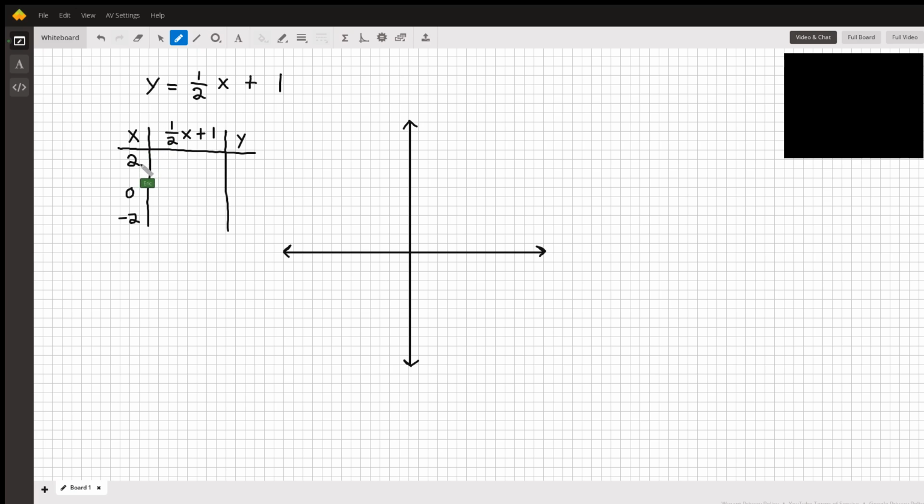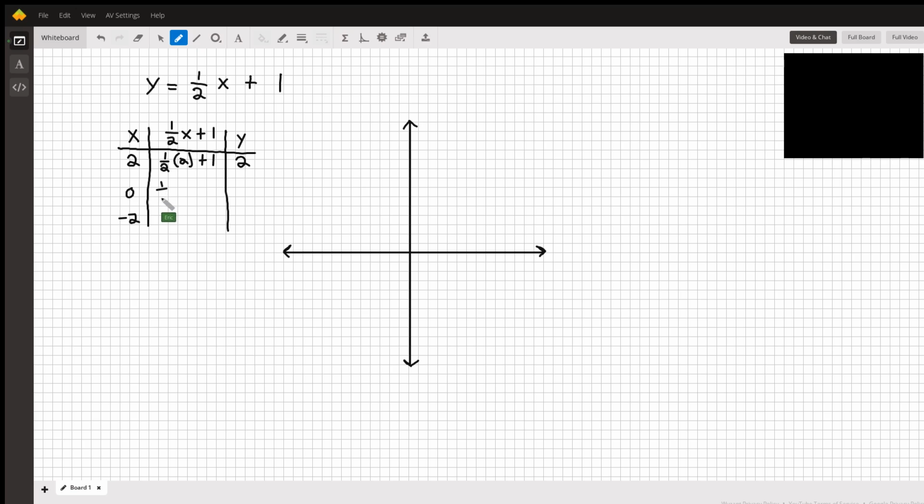And now we're just going to plug these into our equation for x. So we're going to get 1/2 times 2, oh, let me just rewrite that again. Sorry about that. 1/2 times 2 plus 1, or 1 plus 1, which is 2.